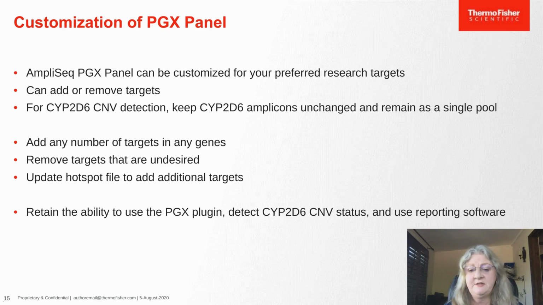You retain the ability to detect CYP2D6 copy number status, including both the whole gene and the exon 9 copy number, and you can continue to use the reporting software. And you can contact your field team in order to get more information about this customization if you desire.